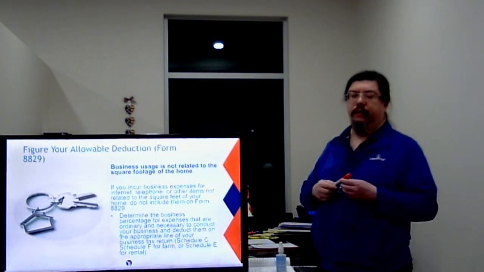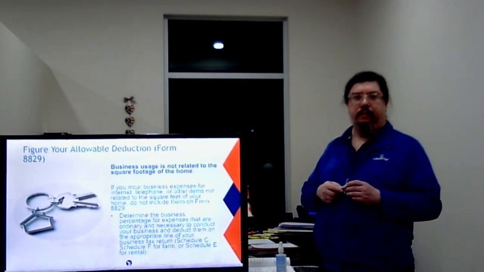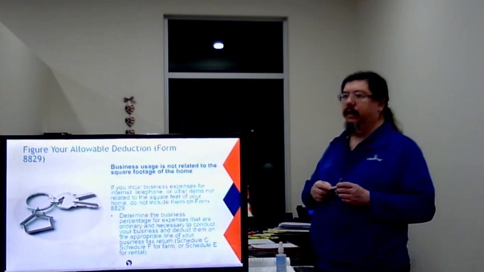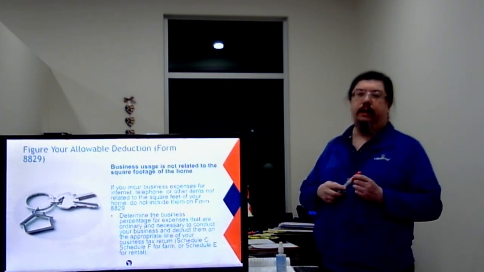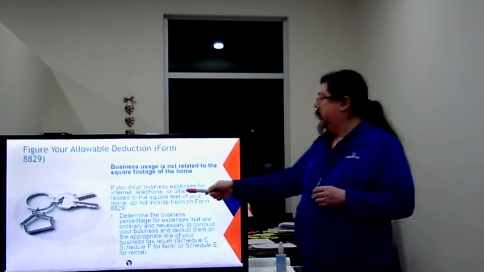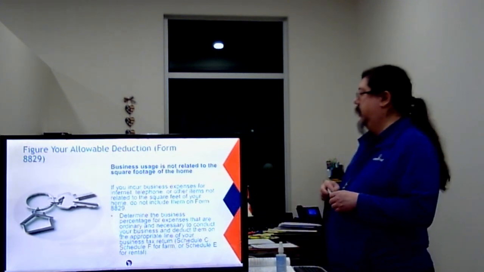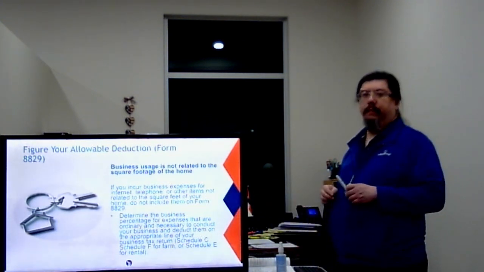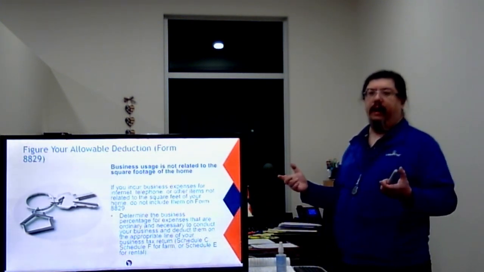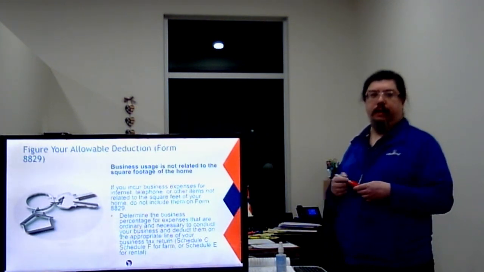But everybody has cell phones, so that rule is almost obsolete. But if you still have one landline, none of that expense is deductible. So telephone really should not be included there. If there are two lines, however, then you can split your bill in half, if you have a business line and a personal line.